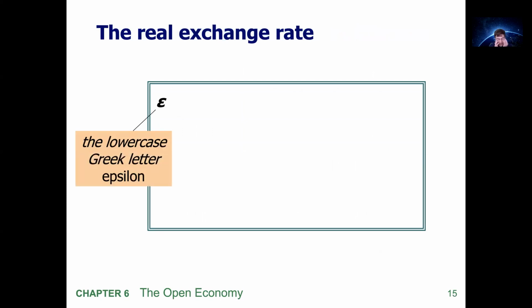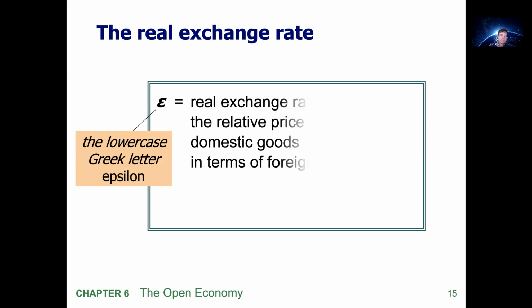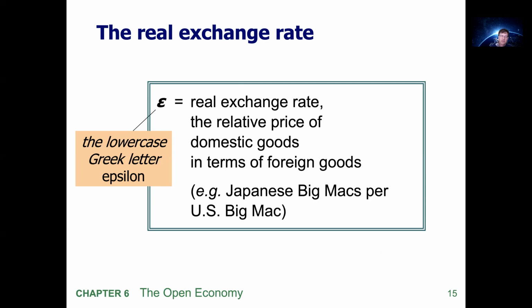With the little e as the nominal exchange rate, I'm going to use a little Greek epsilon to mean the real exchange rate, the relative price of domestic goods in terms of foreign goods. So a high value of epsilon is going to mean that US goods look expensive compared to other goods.